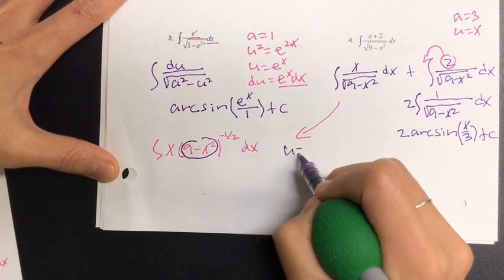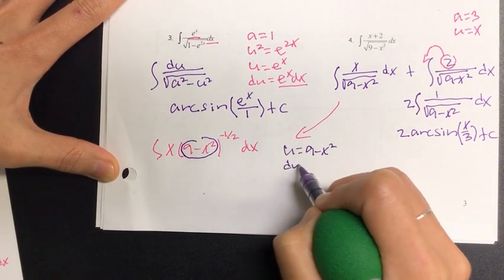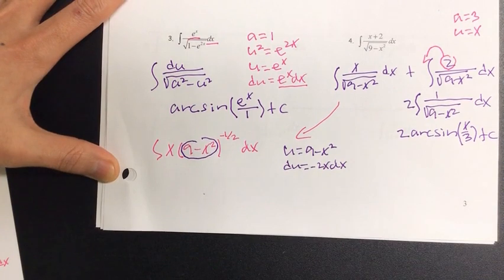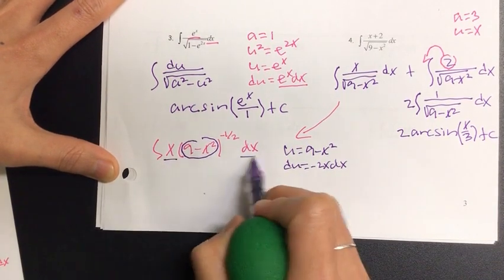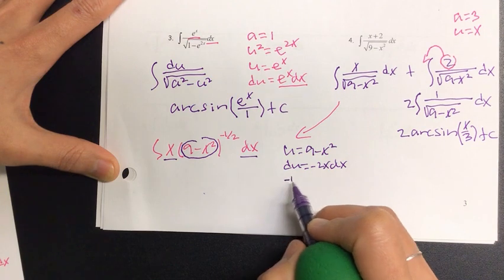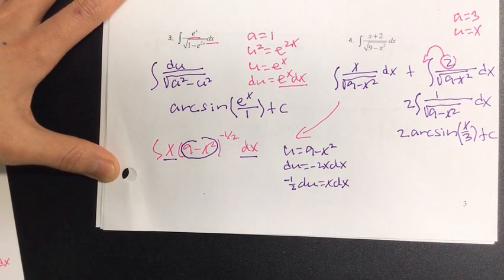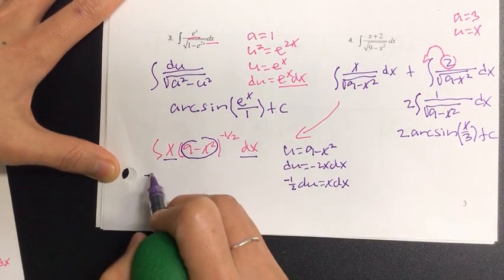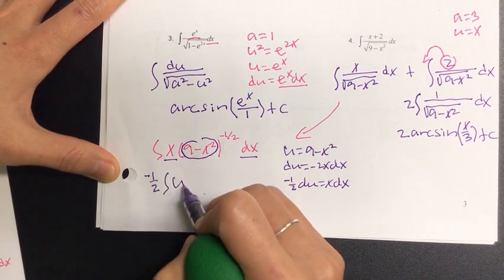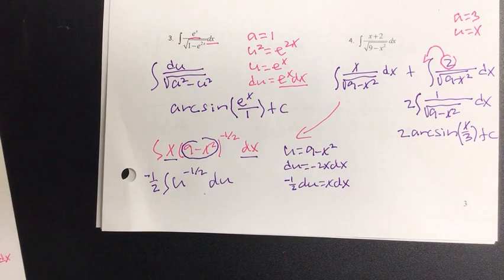So we have u is equal to 9 minus x squared. So du is negative 2x dx. When we compare, what is missing? Negative 2. Let's bring it over. And when we rewrite, let's bring the negative 1/2 outside of the integral and write it in terms of u. Then I have du. And then we'll integrate.